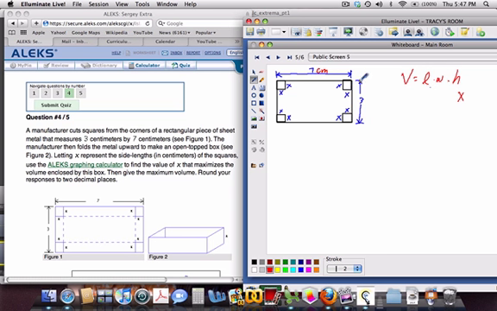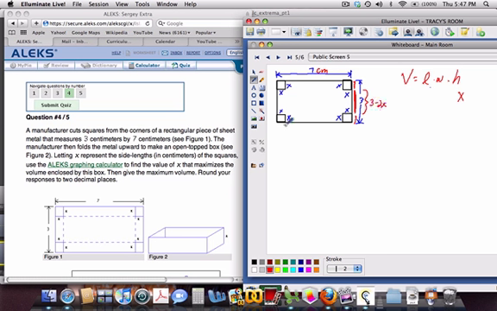Okay, so we know that this distance is 3, so we're looking at what this distance right here would be. So if we took 3 and we subtracted each of these little pieces x, that would give us that piece there. So this piece right here is going to be 3 minus 2x.